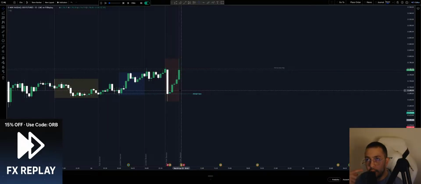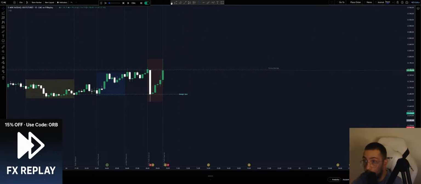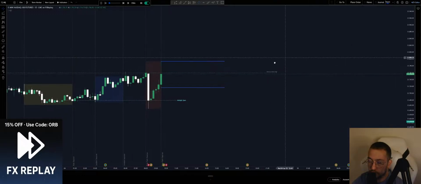Like on May, we had 3 winning trades and 2 break-evens, and 5 losses, I guess. So the break-evens, if you actually add them to a 1-to-1, then you'll end up with 1R probably on May, which is not bad at all.